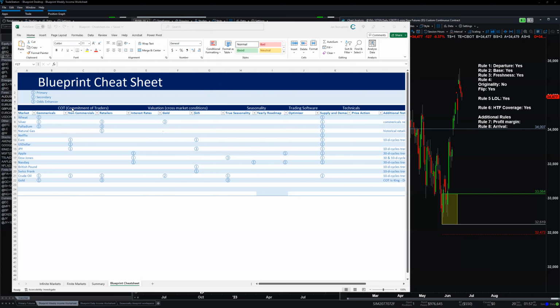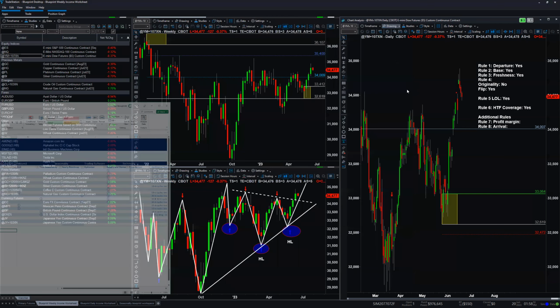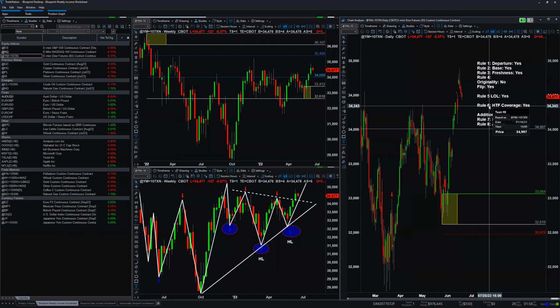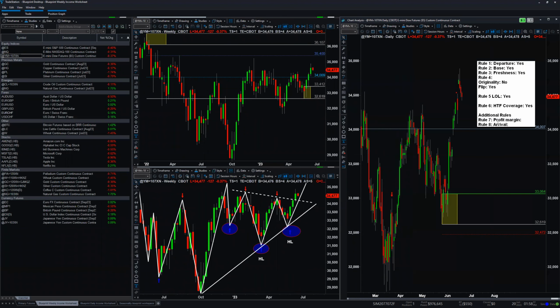And what we're going to do is potentially look at our blueprint cheat sheet. You can always also maintain this on your own, right? But I'm also going to write down now as we look at equity indices.